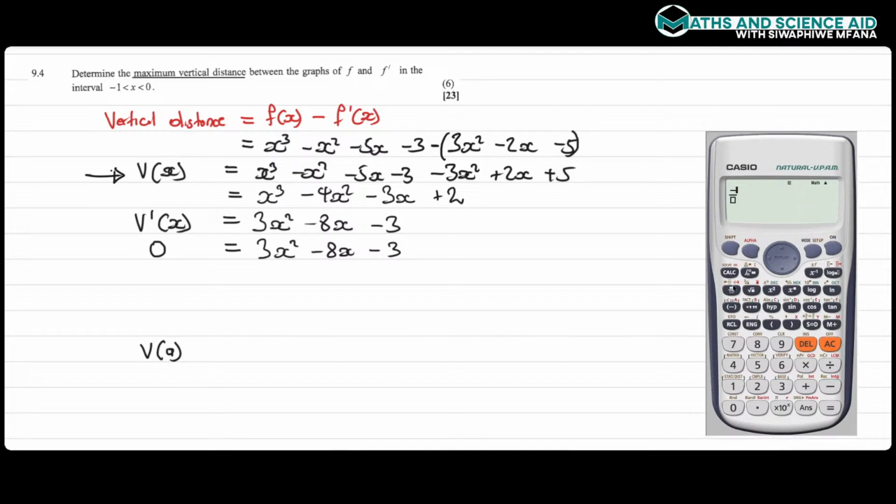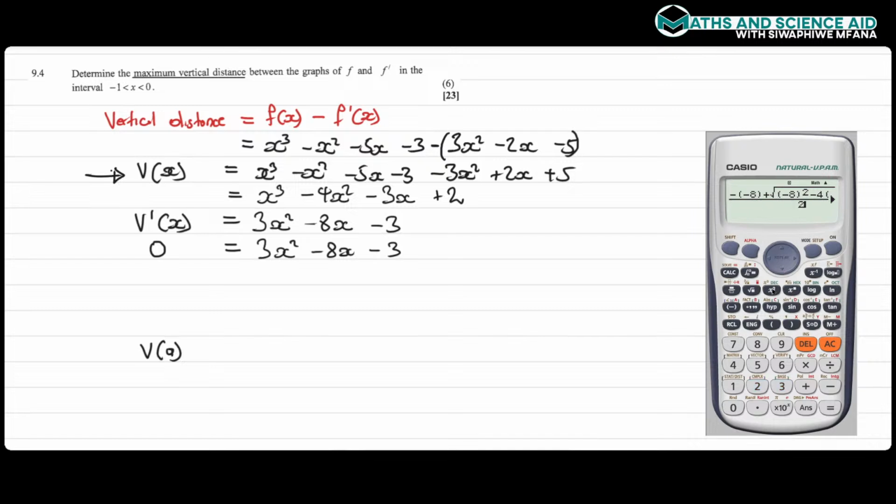So yep, so we'll have minus b. Our b is -8, plus the square root of b squared, so -8 squared, minus 4a, which is 3, and then multiplied by c, which is -3.